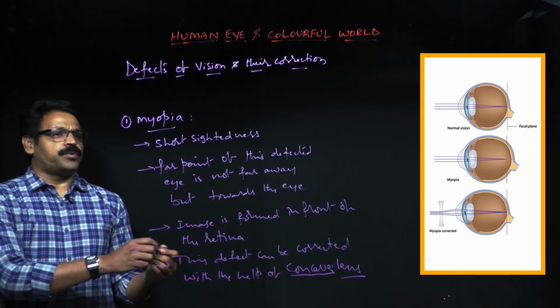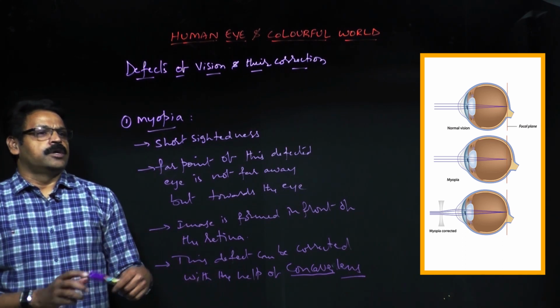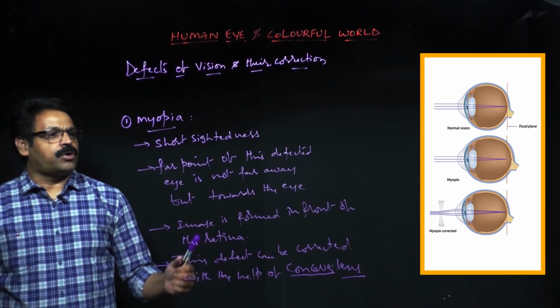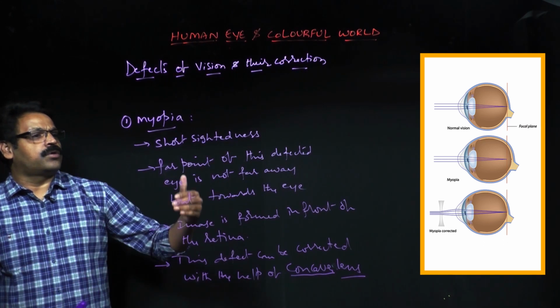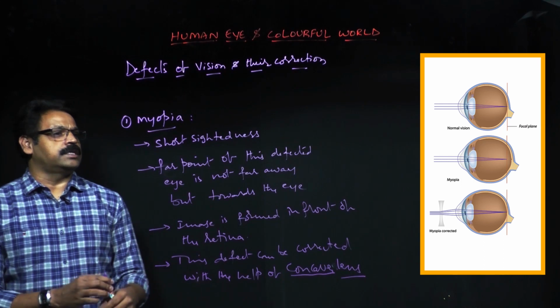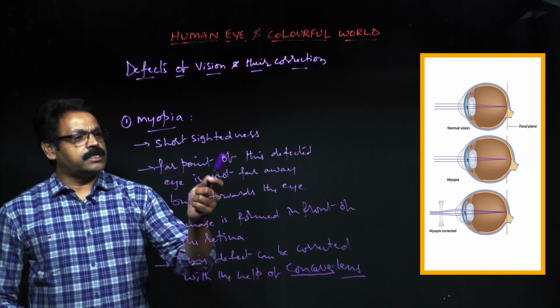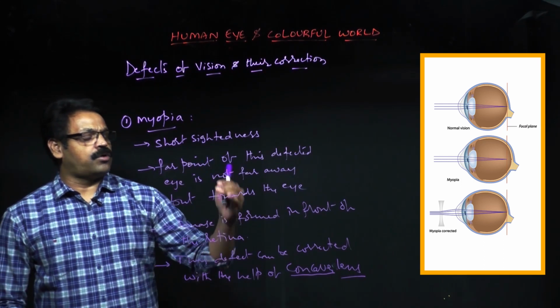So the various points you need to remember in this are: myopia is also called short-sightedness. That means the eye can see the nearby objects clearly but not the distant objects. And in this case, the far point of this defected eye is not far away.